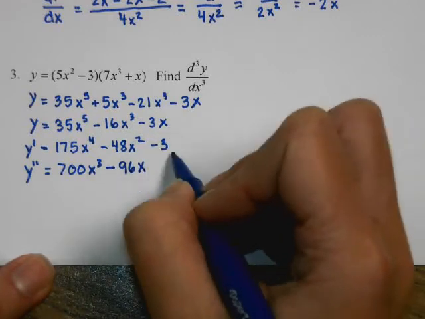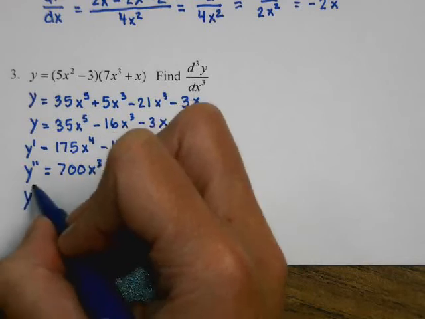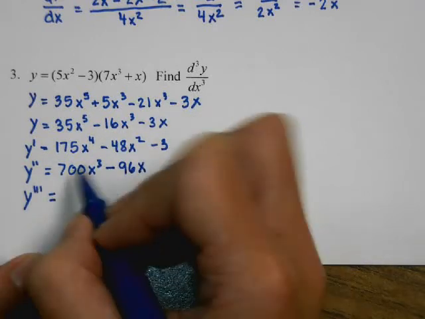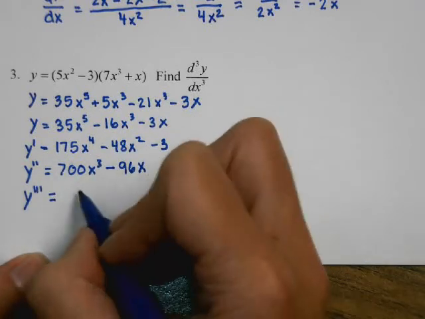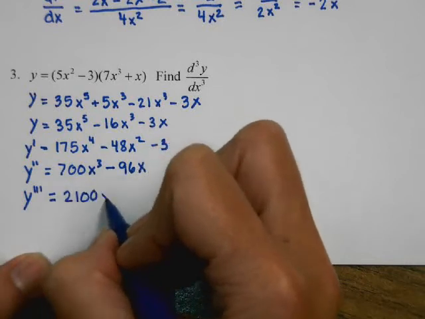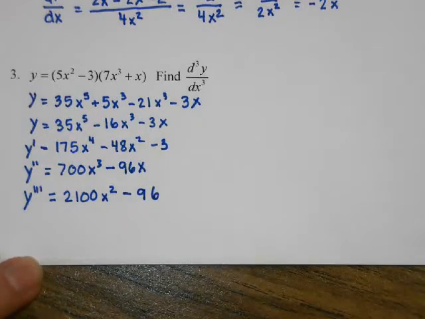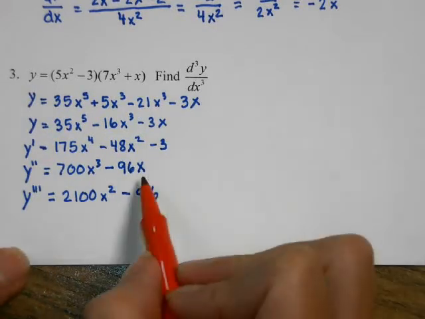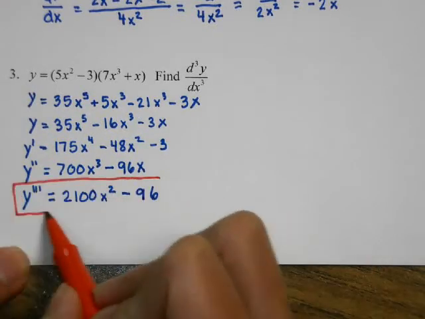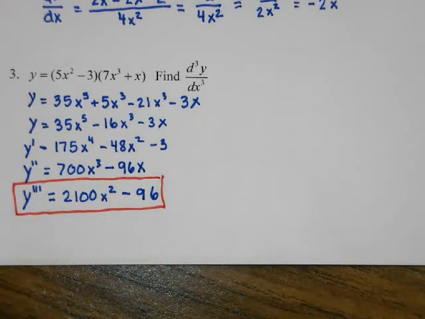That goes away. Our third derivative, 700 times 3 is 2100x squared minus 96. So here it's easiest to simplify. Now, if you went through and did the product rule, you'll eventually arrive at the same thing if you simplify, but looking at things to make your life easier from the beginning is a good thing.